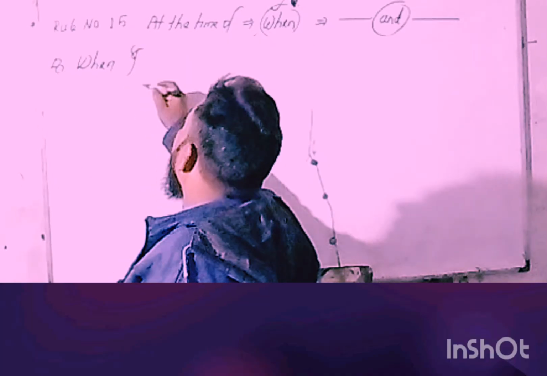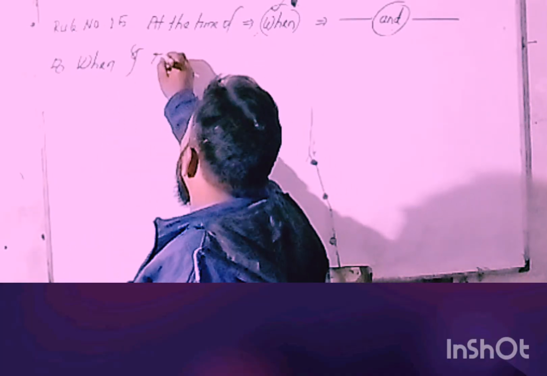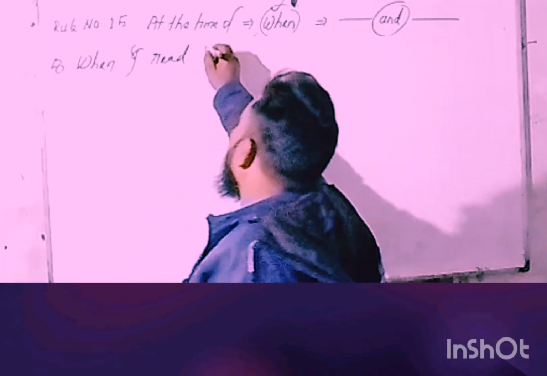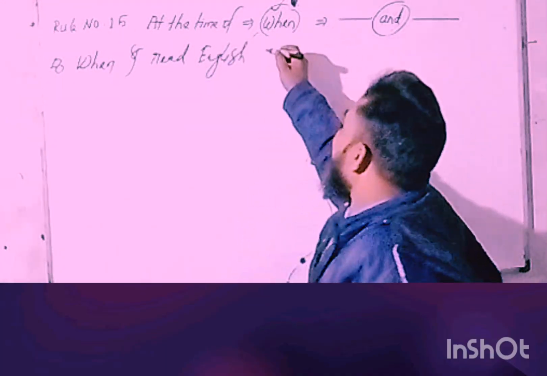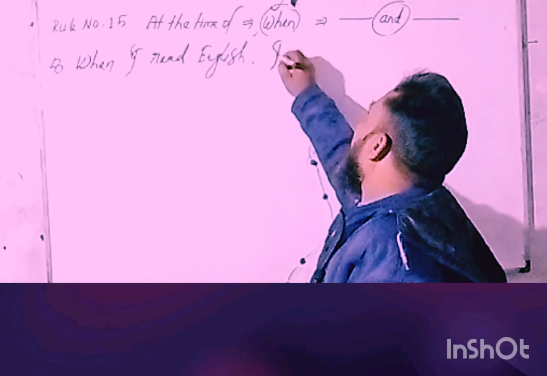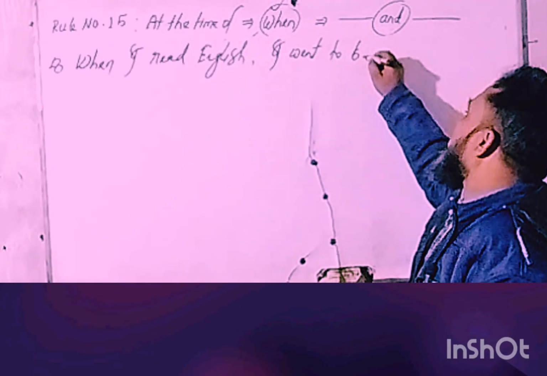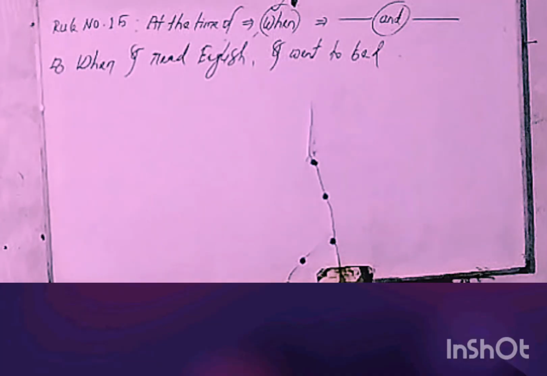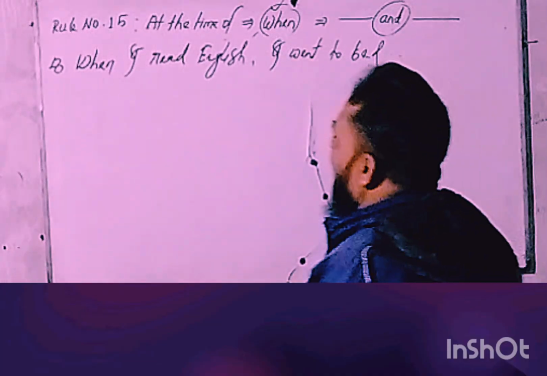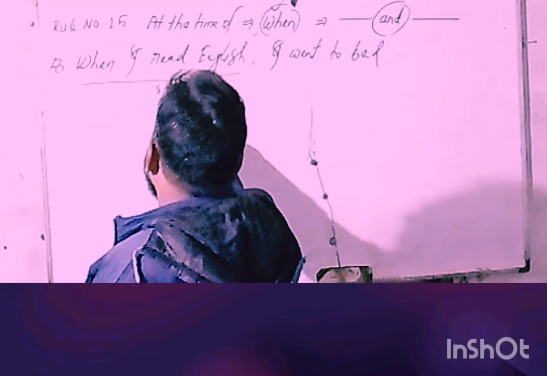Okay, my dear learners, what is the category of this sentence? Of course, it's a complex sentence because in this English sentence there is a subordinate clause and a principal clause.